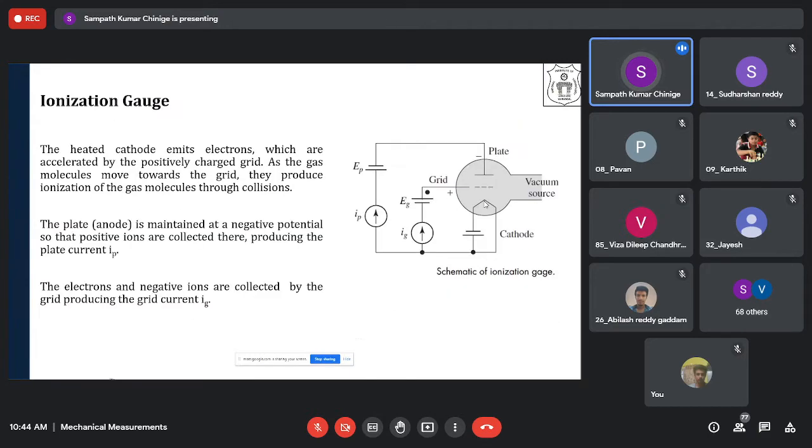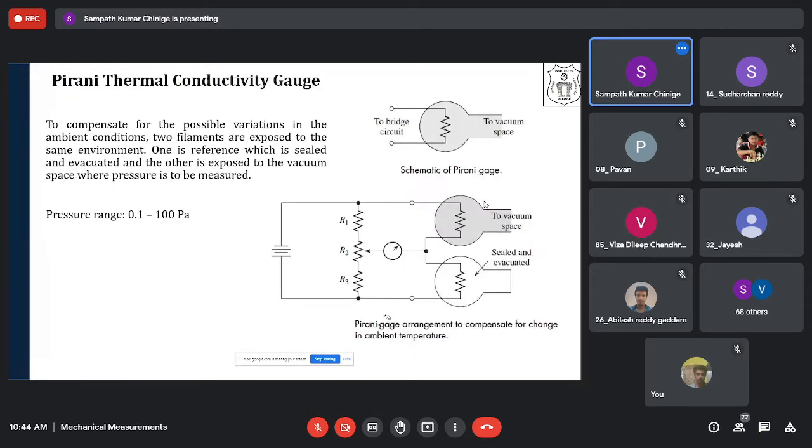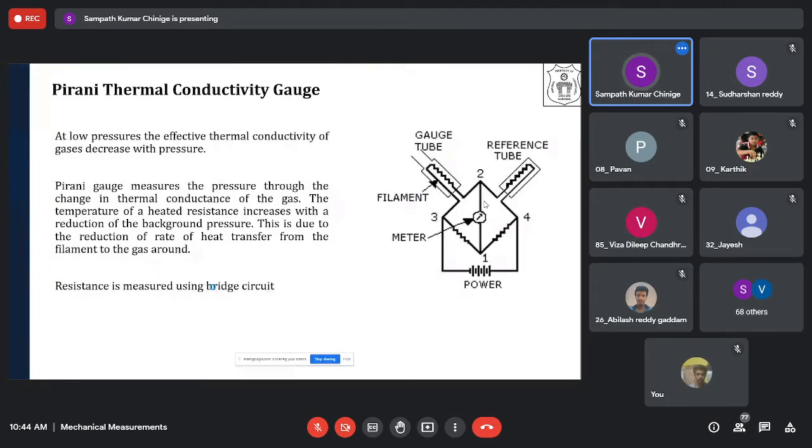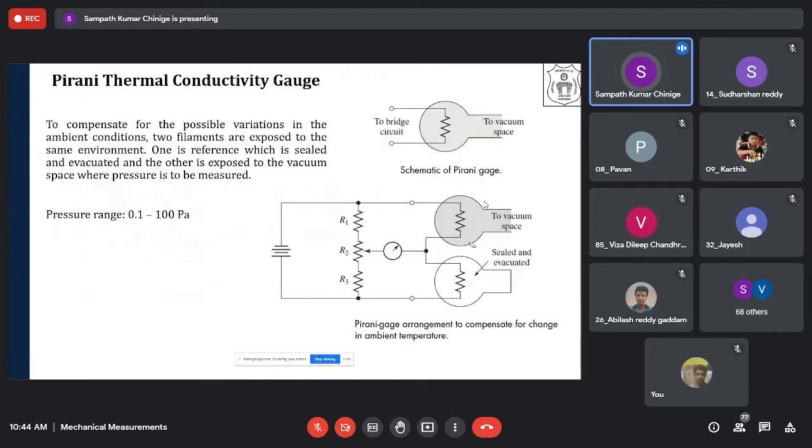Now the same thing we have: the vacuum space, sealed and evacuated. This is for the temperature compensation. What does that mean? That means the resistance is also a factor of temperature.